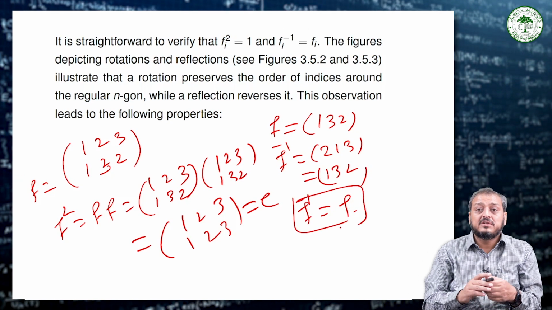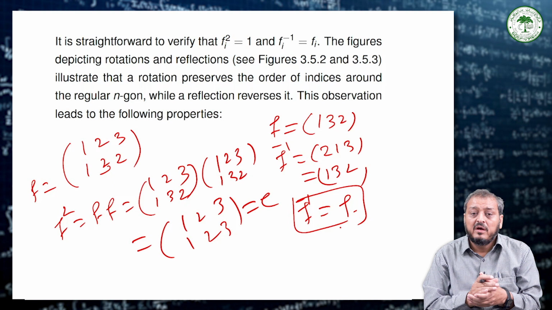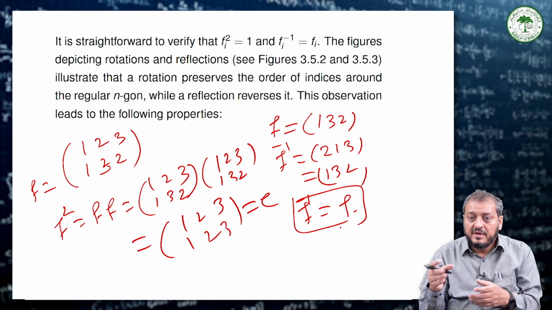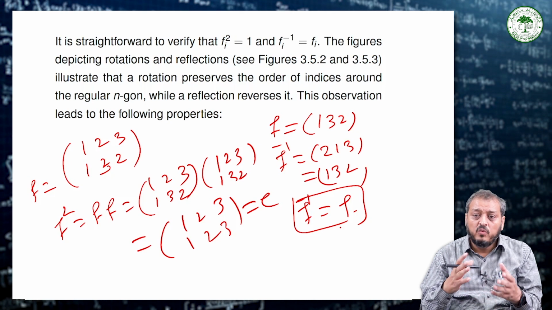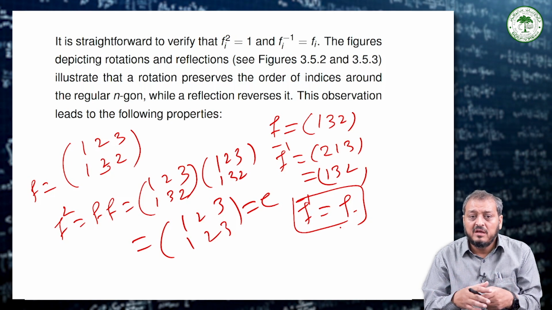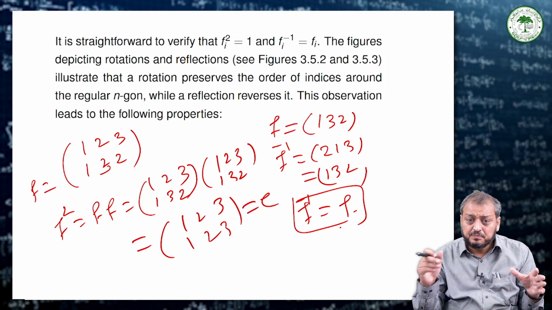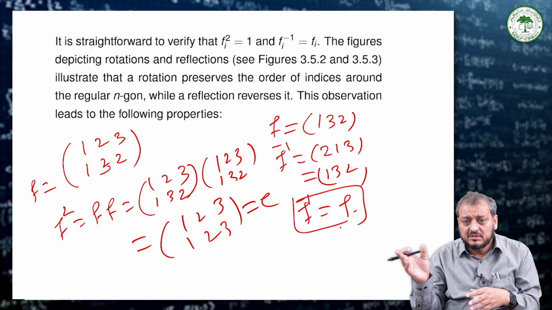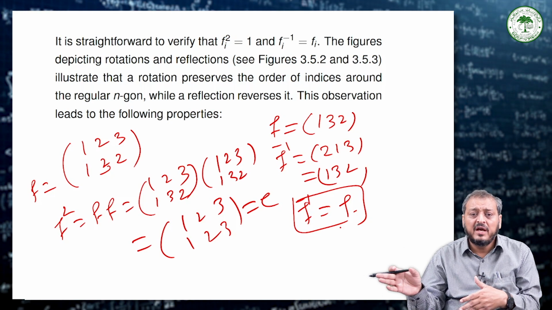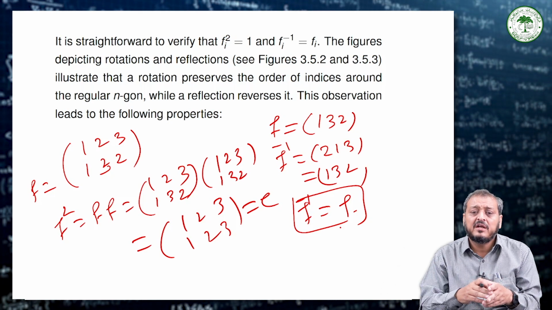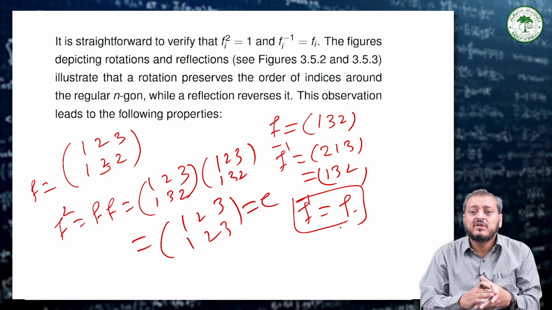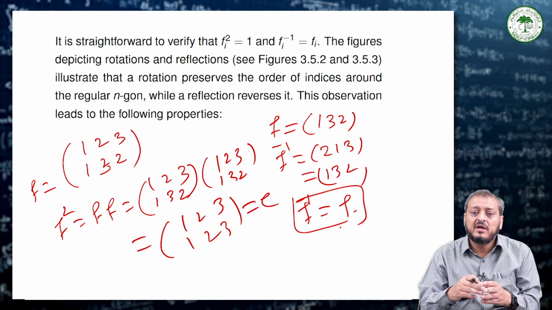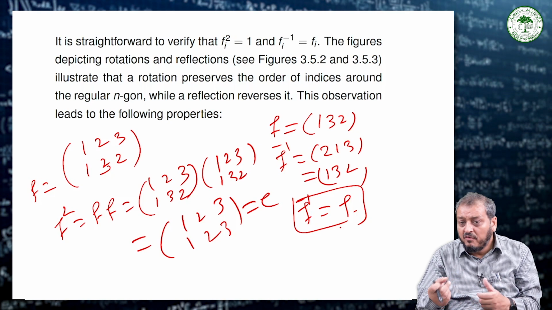So it is straightforward to verify that fi square is equal to identity and fi inverse is the same as fi. We will distinguish these rotations and reflections in our next slides, which illustrate that a rotation preserves the order of indices around the regular n-gon, while the reflection reverses it.